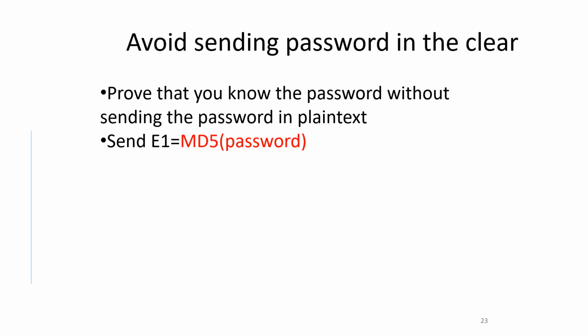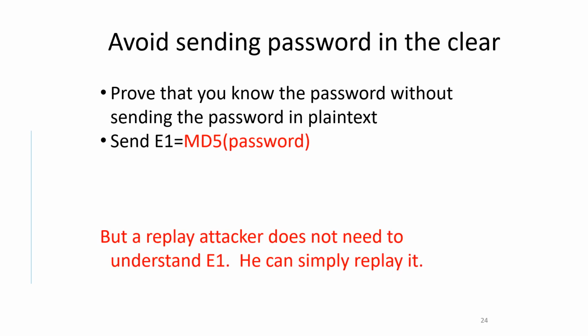But if we weren't using any sophistication at all, an eavesdropper could not know my password, but he could convince somebody that he knew my password just by telling him the MD5 of my password that he overheard. So he can do a replay attack. The replay attack doesn't have to understand what E1 is. He just needs to remember it and use it when anybody asks, what's the MD5 of your password? Oh, here it is.